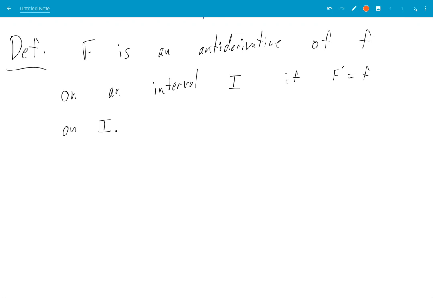Okay, you have all this business with I, which we'll talk about in a second, but I want you to focus on this equation. Capital F prime is lowercase f. Okay, I is an interval, so for us that will be a closed interval or an open interval or some kind of hybrid.